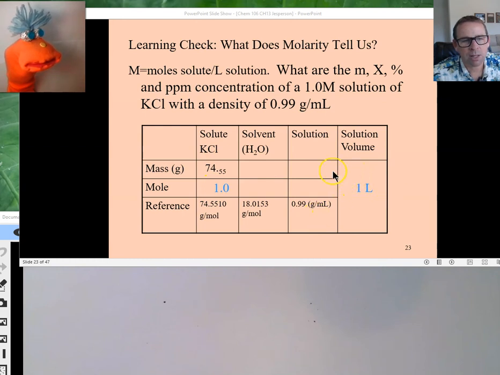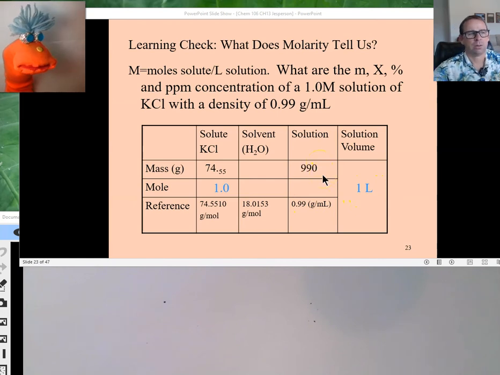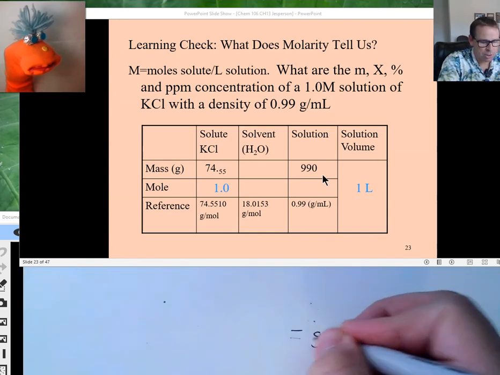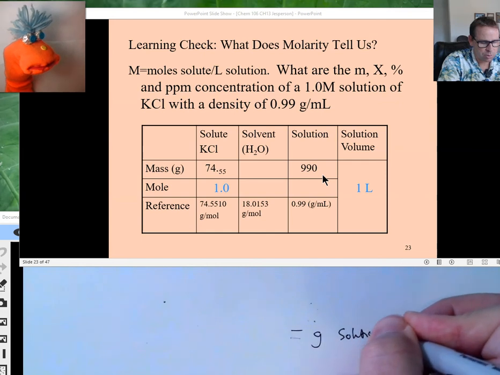But once I put this in here, I can say what mass of solution I have, right? And that's going to be 0.99 grams for every milliliter, so times 1,000, 990 grams. You see that? Oh, I didn't quite get that. How'd you get that? Well, I wanted to know the grams of solution.